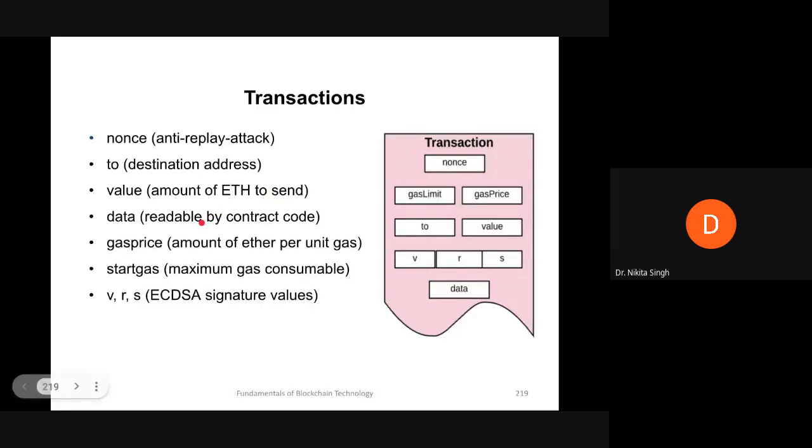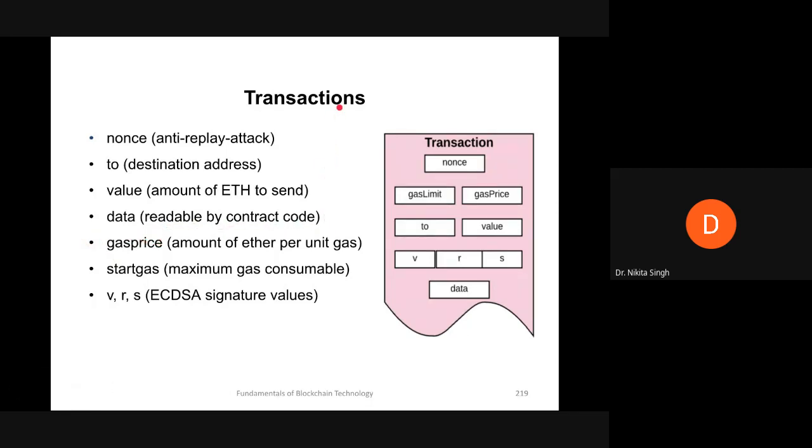If your contract account is initiating a transaction, not one initiated in response to some other transaction, then there could also be some data readable by the contract code.